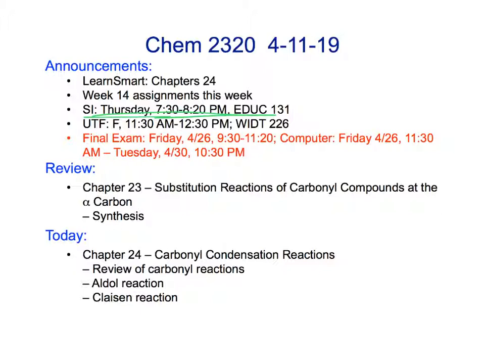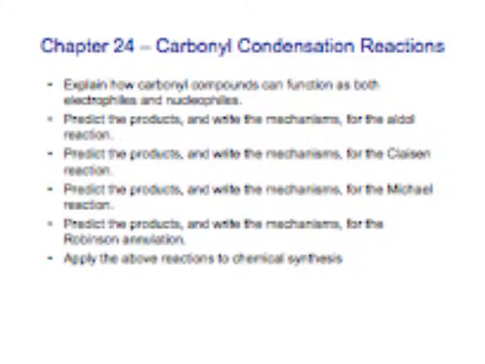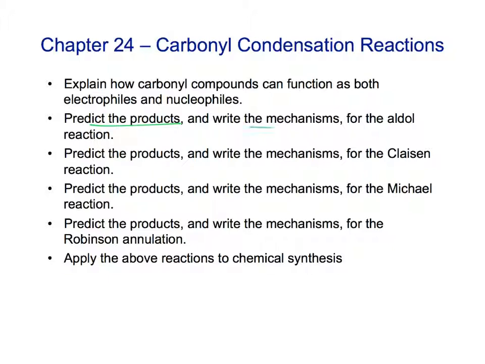All of the reactions in this chapter are name reactions. My chapter goals, I think I started getting worn out and wasn't very imaginative here, so every one of them is essentially a repeat of the same: we want to be able to predict the products and write the mechanisms for a certain reaction.